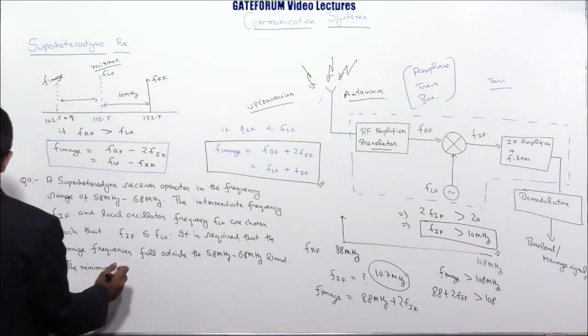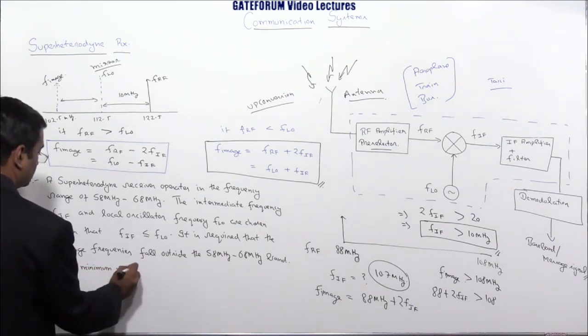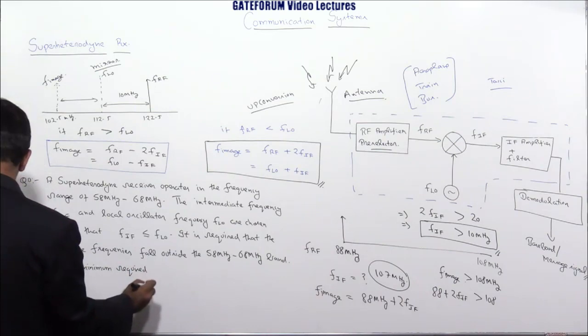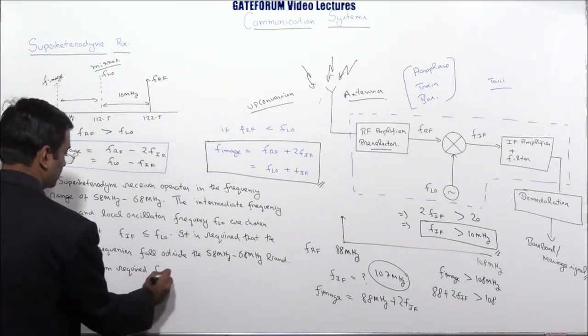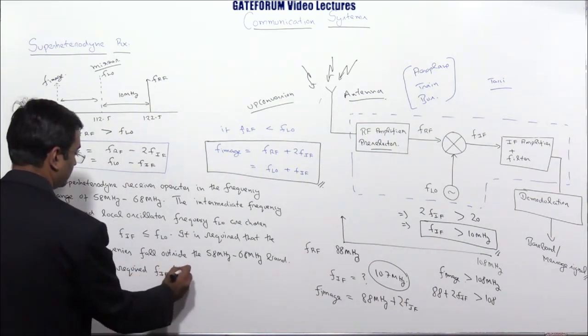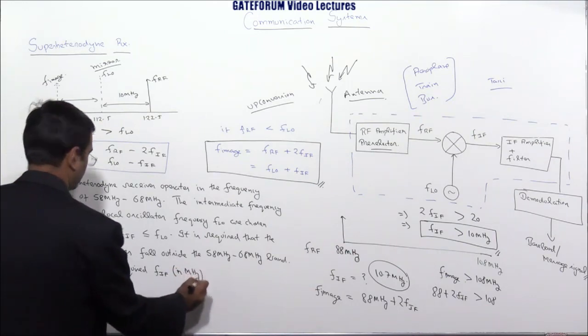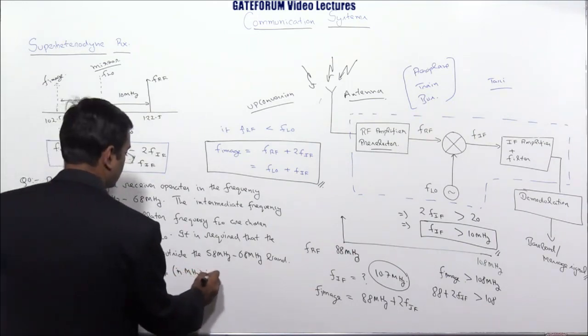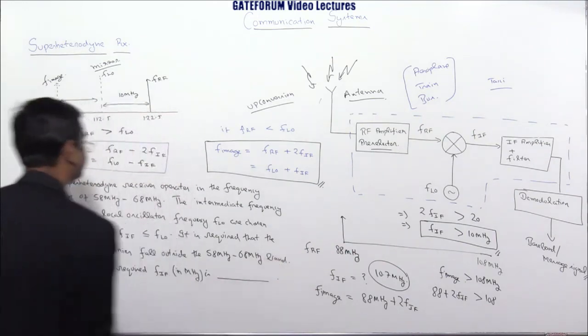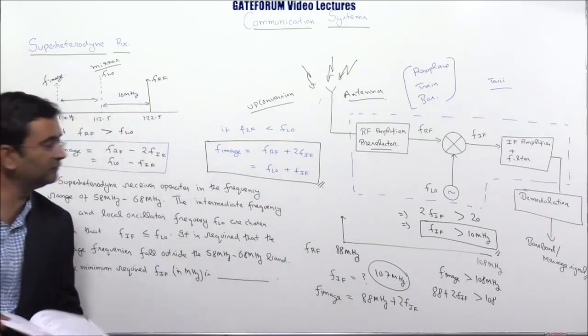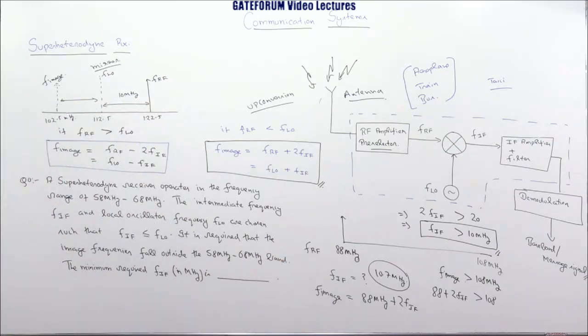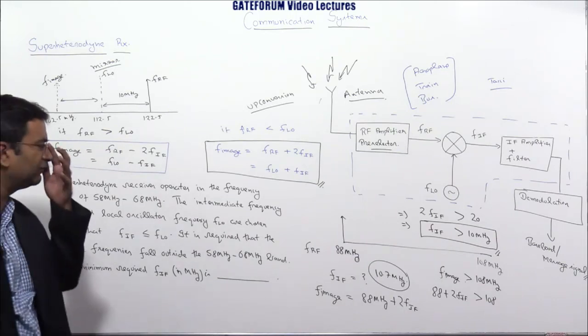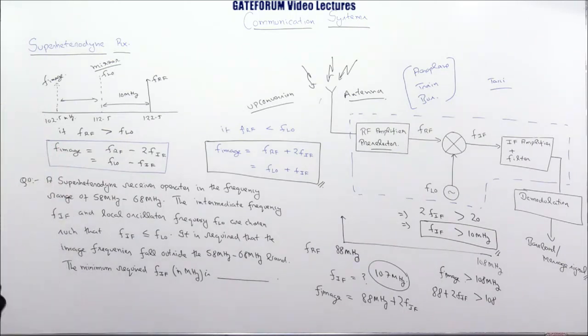The minimum required FIF in megahertz is dash. Okay, so we have to find out what should be the minimum value of FIF so that the image frequency problem is resolved.